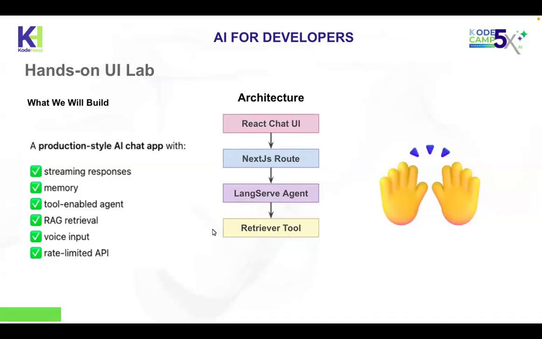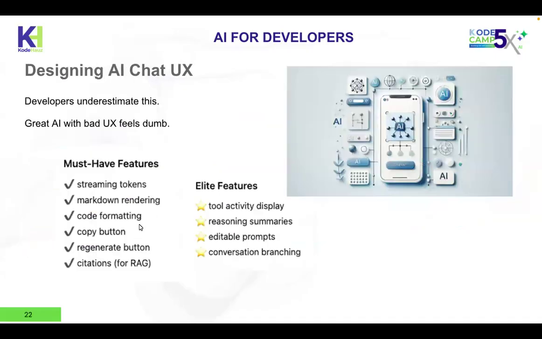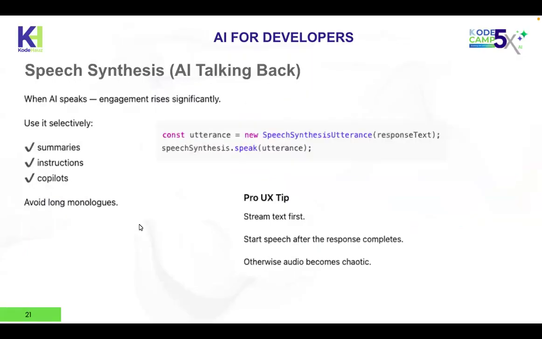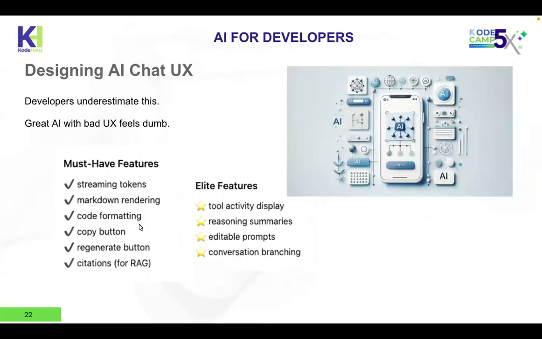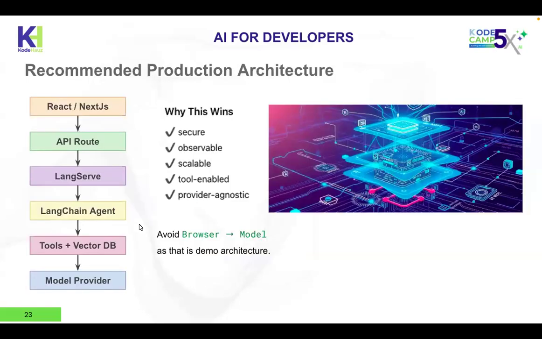But more importantly, we talked about the principles of building front end and the fact that the front end is an extension of the back end when it comes to building for AI, right? The front end becomes an extension of the back end. There are capabilities that you would have at the front end which will connect to what the back end has to offer. So we went through all of that in detail.